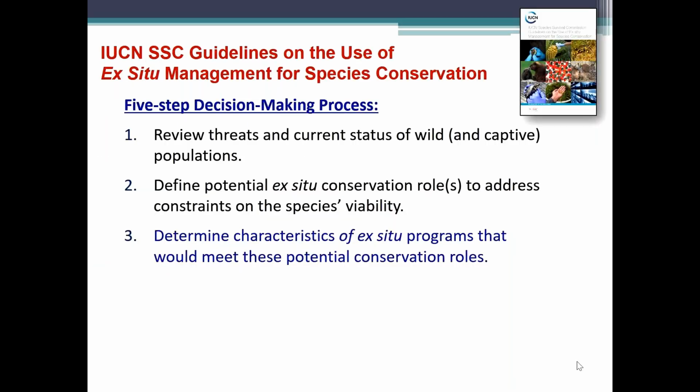So in the 5-step decision process of the ex situ guidelines, you understand the problem, you look at all the ways ex situ might be able to help, and of course in concert with any other conservation strategies as well. And then you need to think about, for each one of those roles, if you were really going to do it, what would you need to be successful? How would that program need to look?